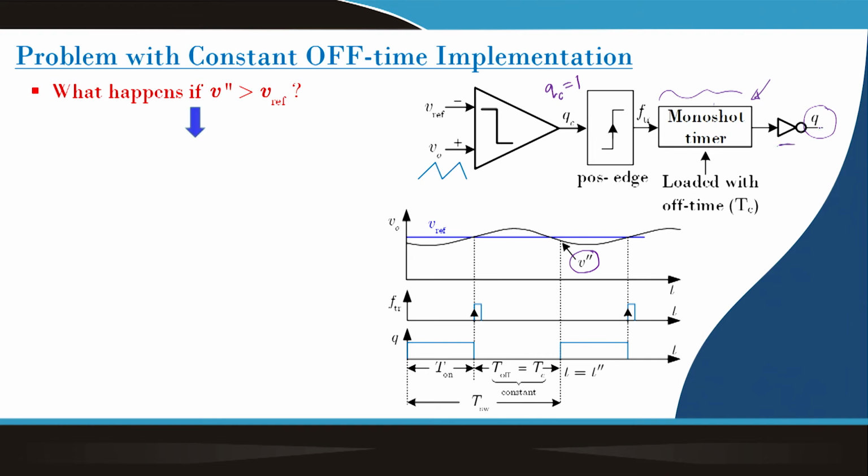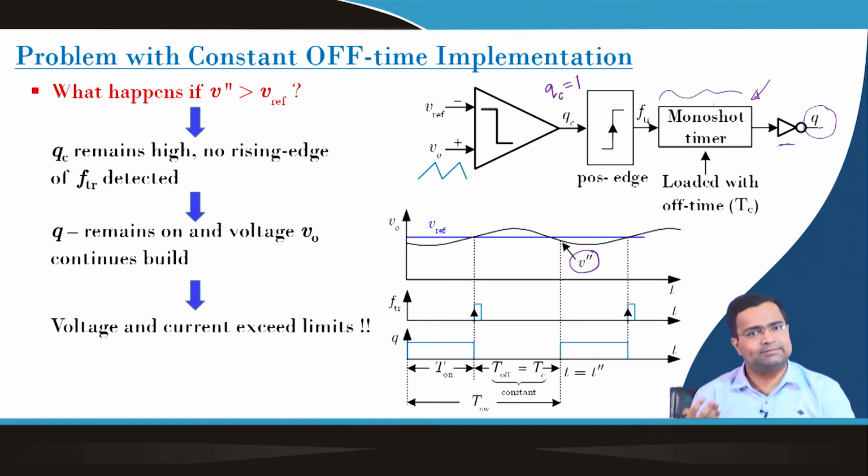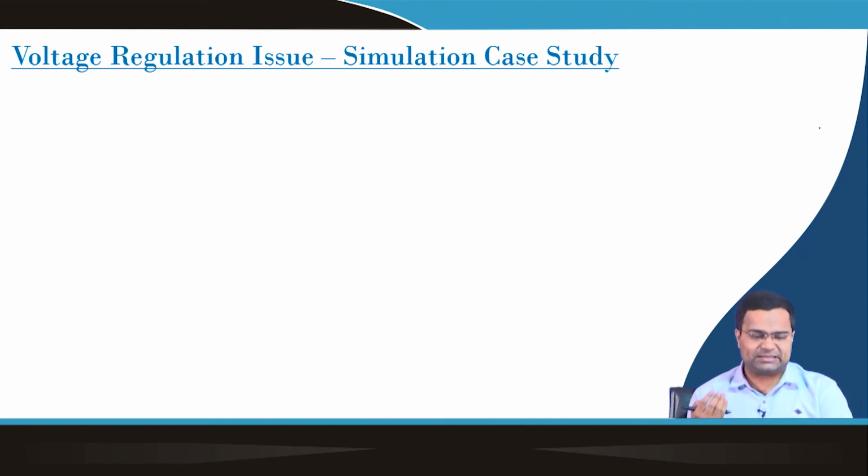If Q remains high and no rising edge is detected, then the output voltage will further increase, and ultimately either the voltage will exceed the specified limit, or the current will exceed the specified limit.